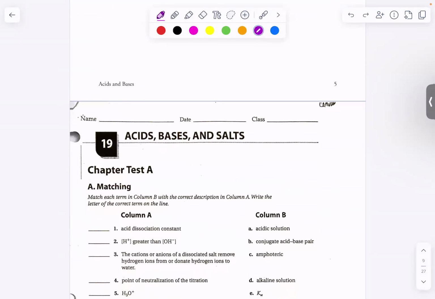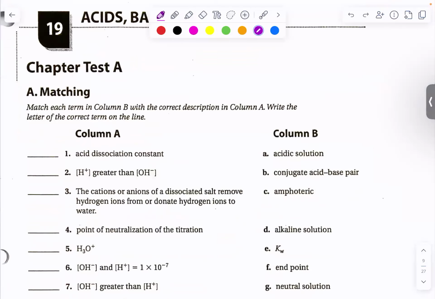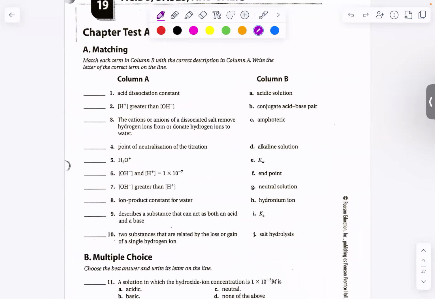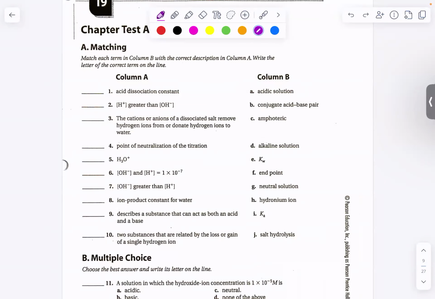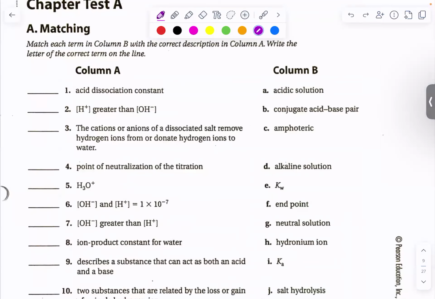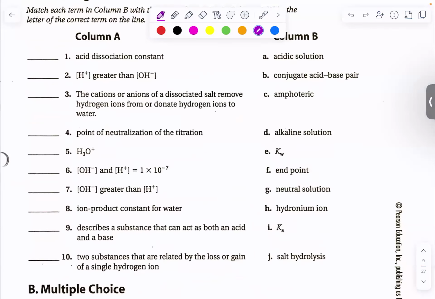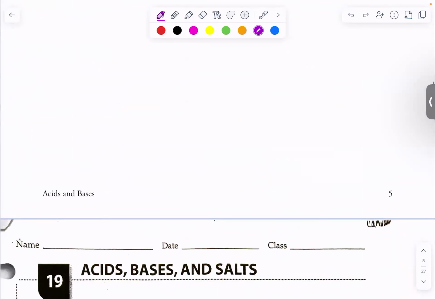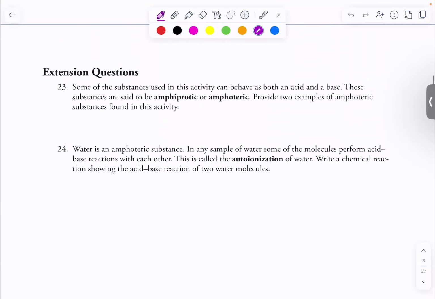All right, try this one as homework. Okay, leave it. We will do it tomorrow. Yeah, sure, do the extension questions. If you are able to do them, fine. If not, it's okay, because your teacher has not asked you to do that.